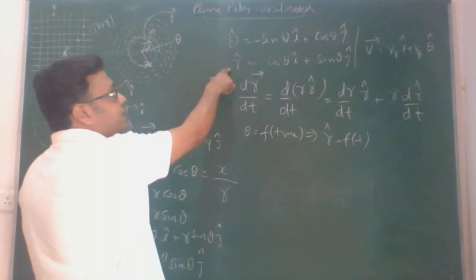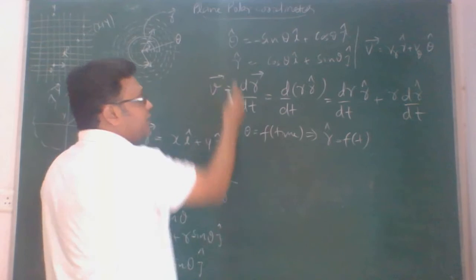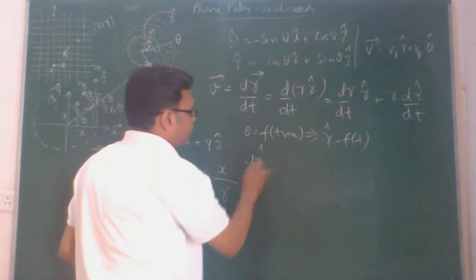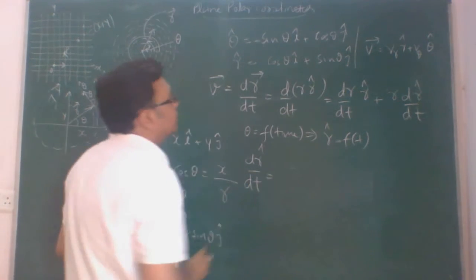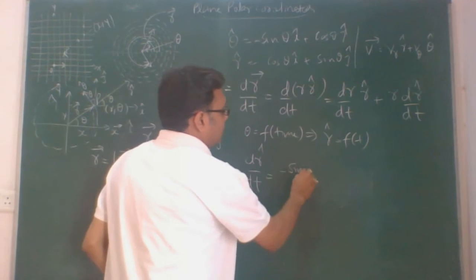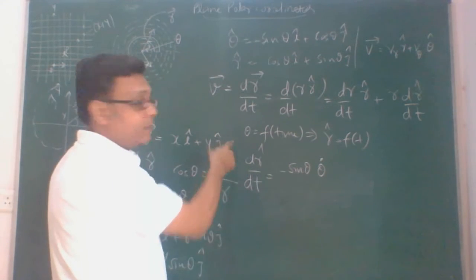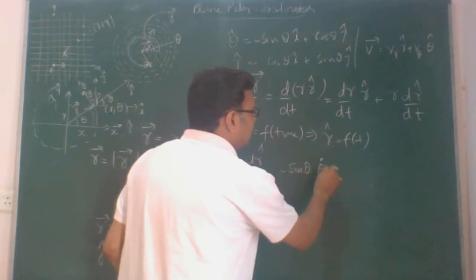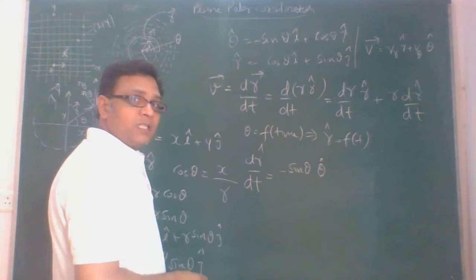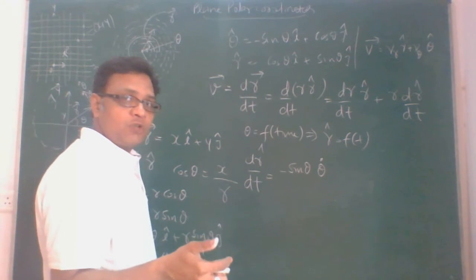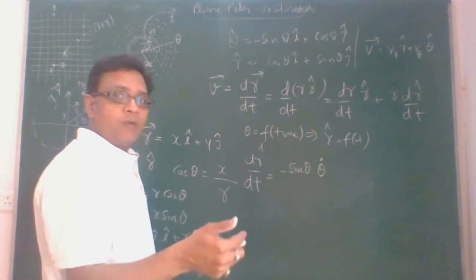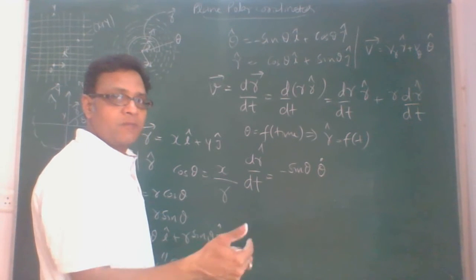I'll be differentiating this expression with time. So d r cap by dt is nothing but minus sine theta, theta dot, i cap, since theta is depending upon time. Theta dot is a short notation used for showing the rate of change of a particular parameter.